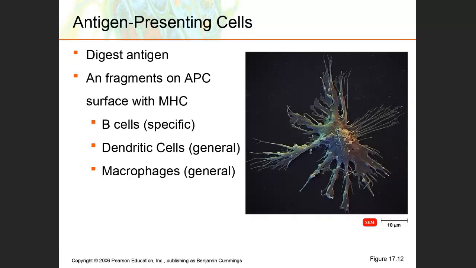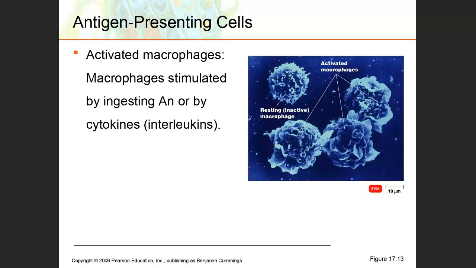So a few words about the antigen presenting cells, the APCs. Mostly we talk about macrophages and dendritic cells because they do the same thing. As I mentioned, B cells can sometimes act as an antigen presenting cell, but we're not really going to go there. So macrophages, they can get stimulated, again, by chemical mediators like interleukins. So here we have a resting macrophage.